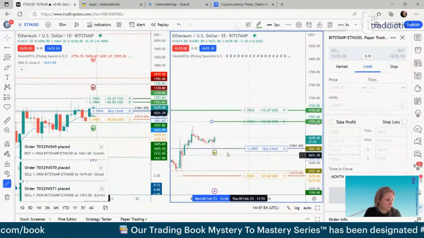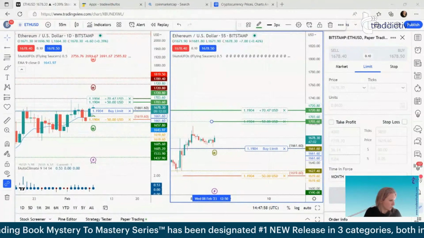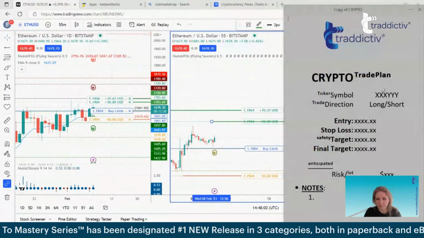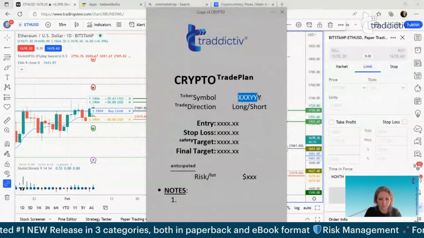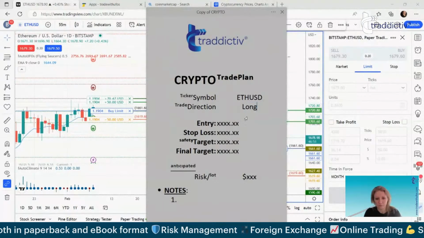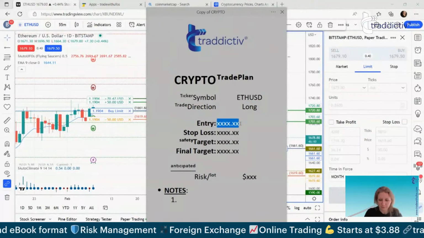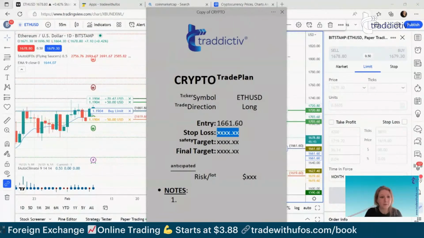Let me just bring this up for you on a sticky note. So bring that up. So the ticker symbol, this was Ethereum versus the US dollar. We're going long. The entry, 1661.60. On Bitstamp this was.